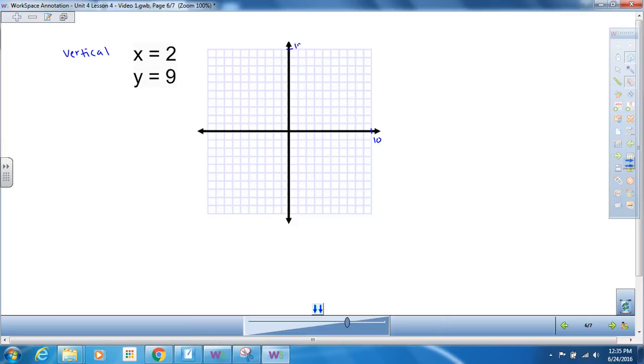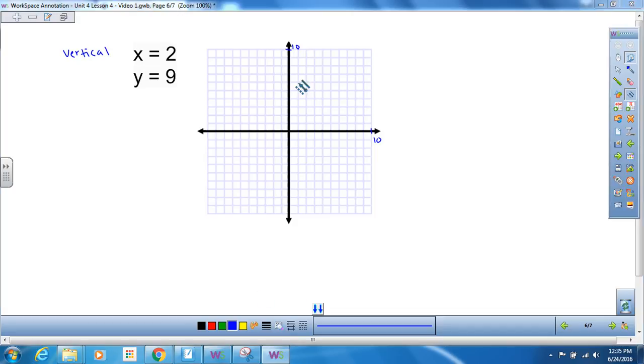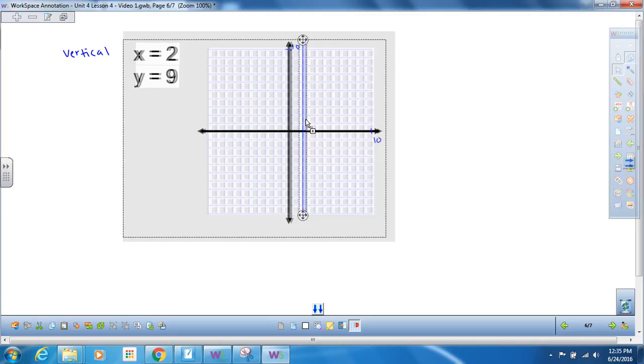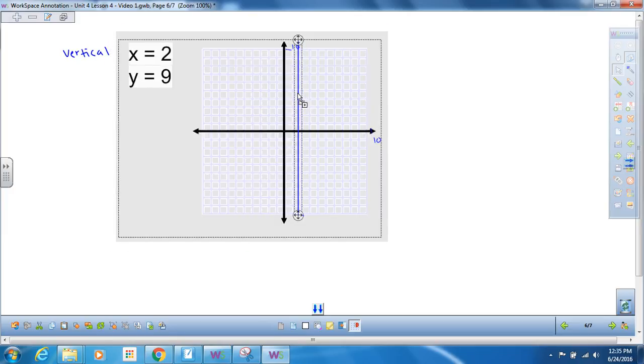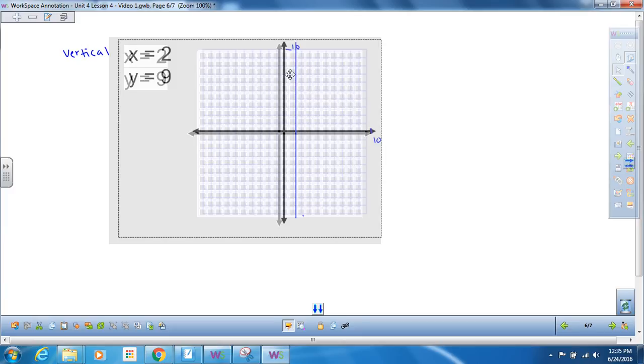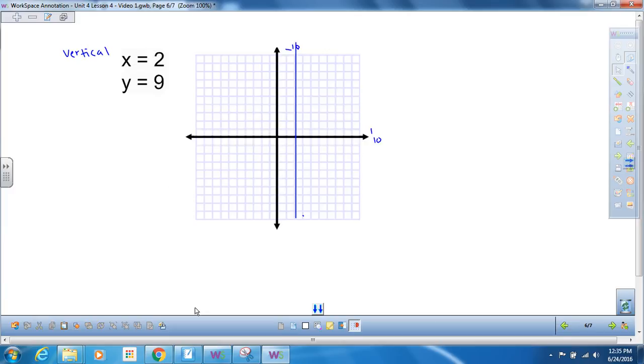Okay, and then y equals 9 is horizontal because it goes through y at 9.